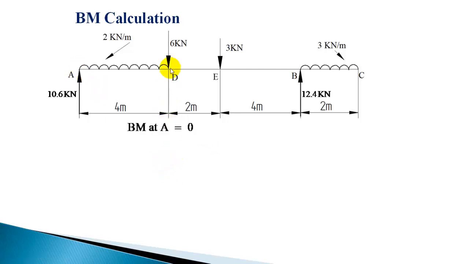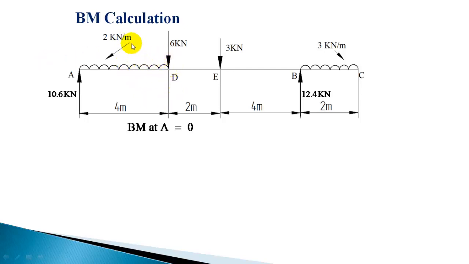Next, bending moment at D. To find the bending moment at D, when you look at the left side forces, there are two forces, 10.6 and also this 8 kilonewton, that is a resultant of UDL, which is acting 2 meters away from this point D. So 10.6 will produce a clockwise moment, 10.6 into 4. 8 will produce an anti-clockwise moment because it's a downward force.